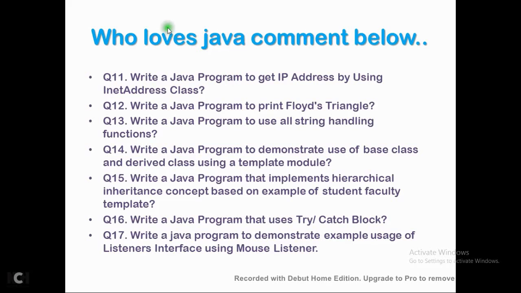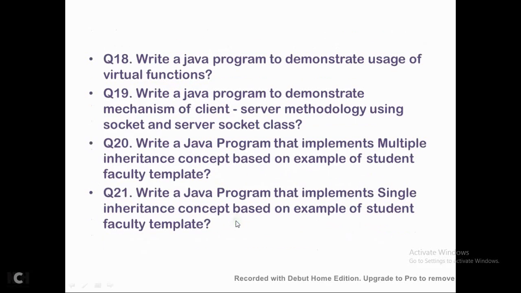Then the 11th question: write a program to get IP addresses using InetAddress. Then Floyd's triangle; what Floyd's triangle is, I will let you know later in this channel. Then string handling functions. Then demonstrate the use of a derived class using a template model. Then write a Java program that implements hierarchical inheritance, and a Java program using try catch block.